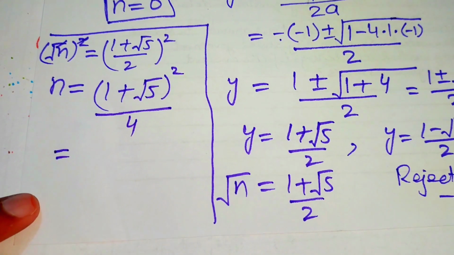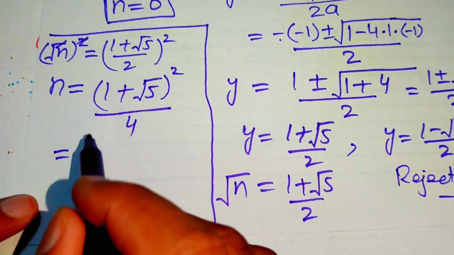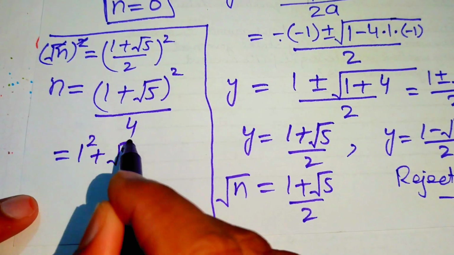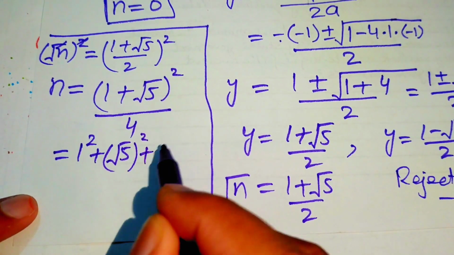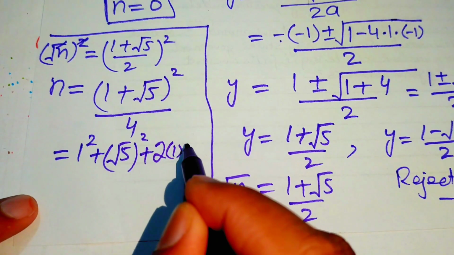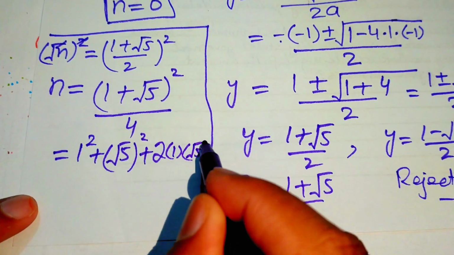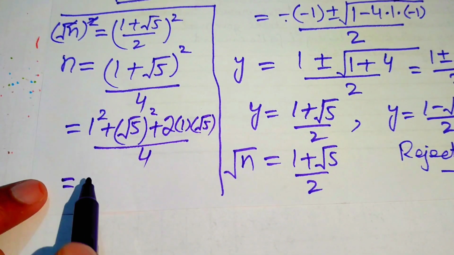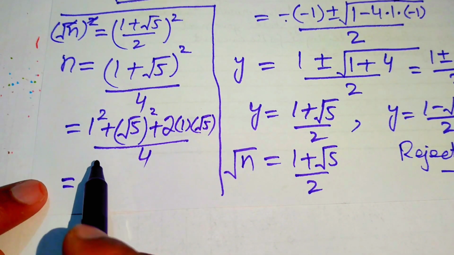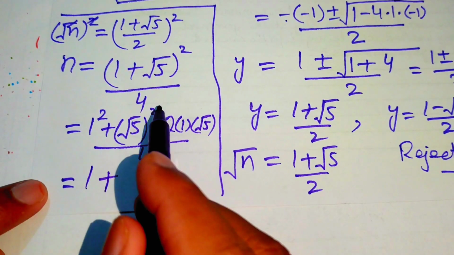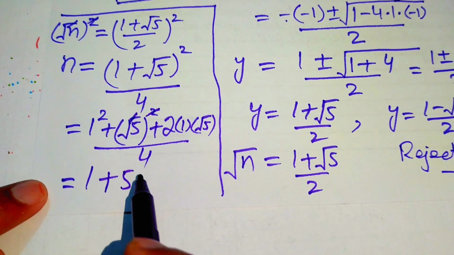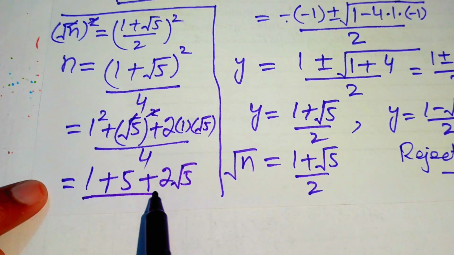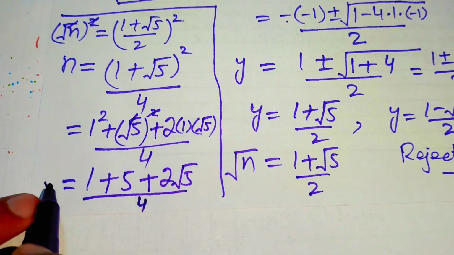And now first we open the square of the numerator, and it is written as 1 squared plus square root of 5 whole squared plus 2 times 1 times square root of 5, this whole divided by 4. Now we need some simplification, and we obtain 1 plus 5 plus 2 times square root of 5, this whole divided by 4.